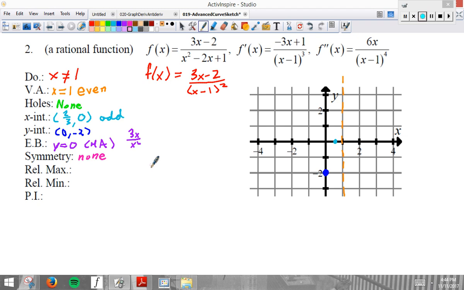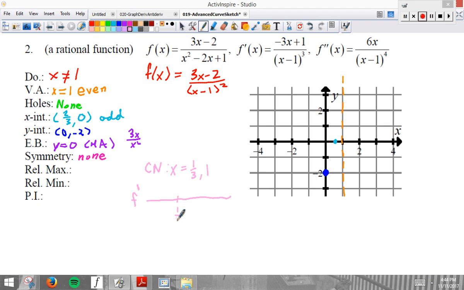Critical numbers. We're talking about x equals 1/3 and x equals 1. 1 would make f prime undefined. 1/3 would make f prime 0. I note that it's an f prime number line.